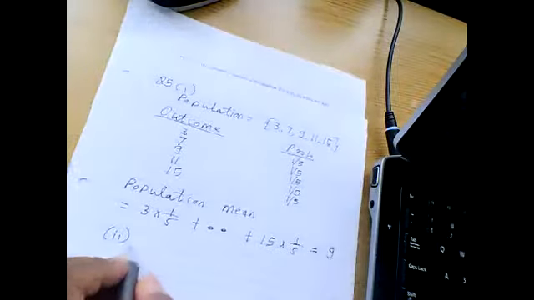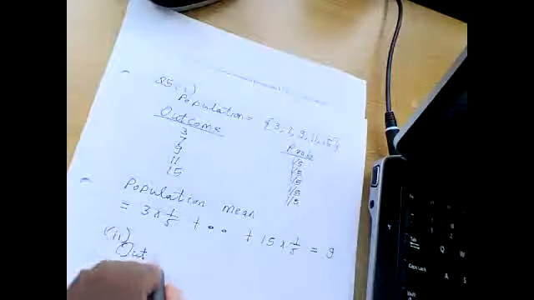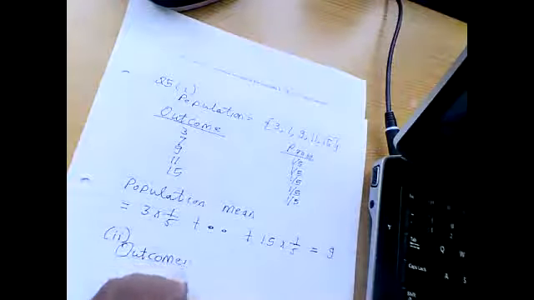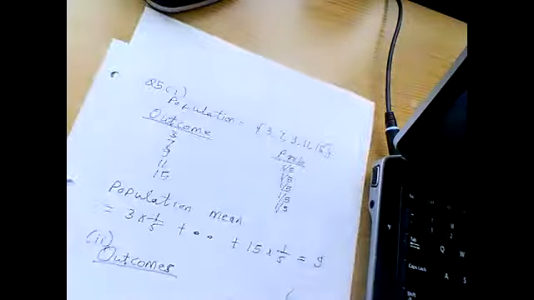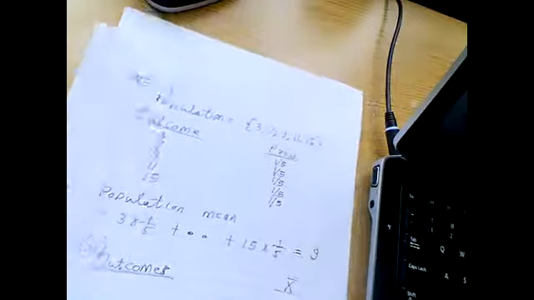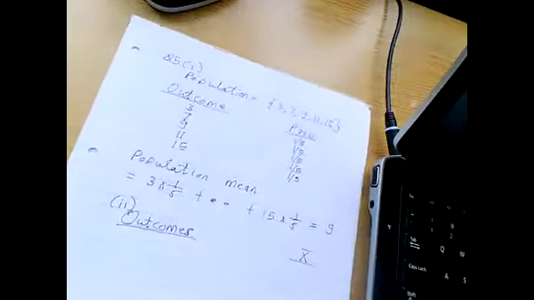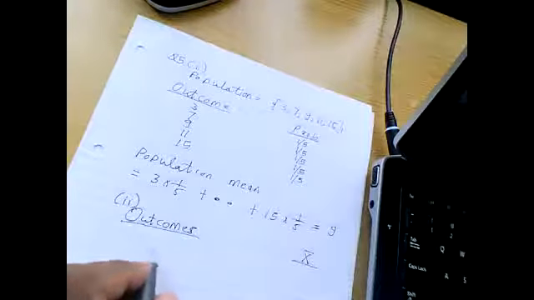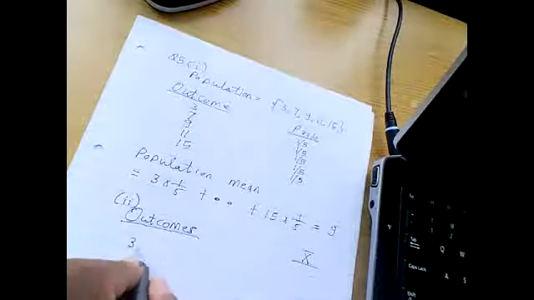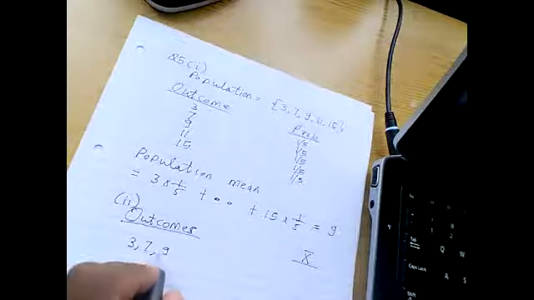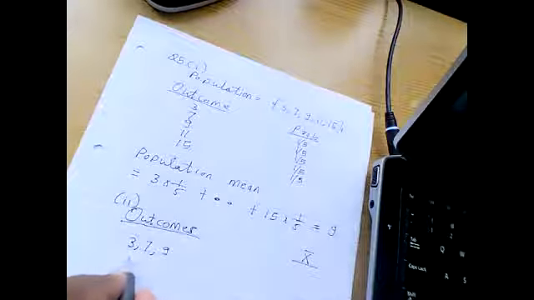So the first thing you need to do is to create a table with these columns, right? So the first column is gonna give you the numbers that you choose. You're choosing 3, not 2. So the first possible outcome is 3, 7, 9. Remember, we are doing it without replacement.